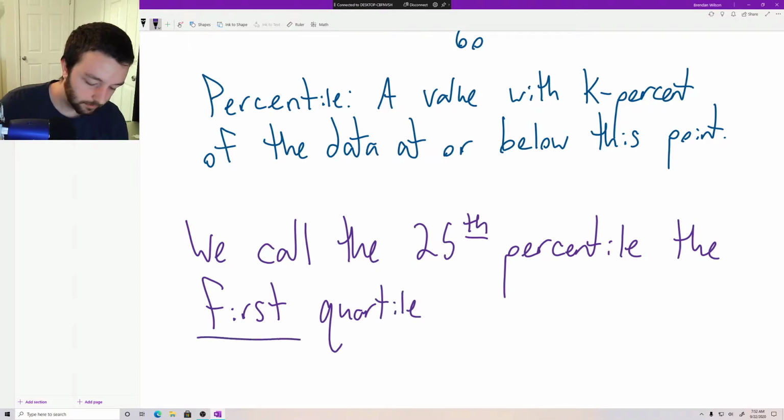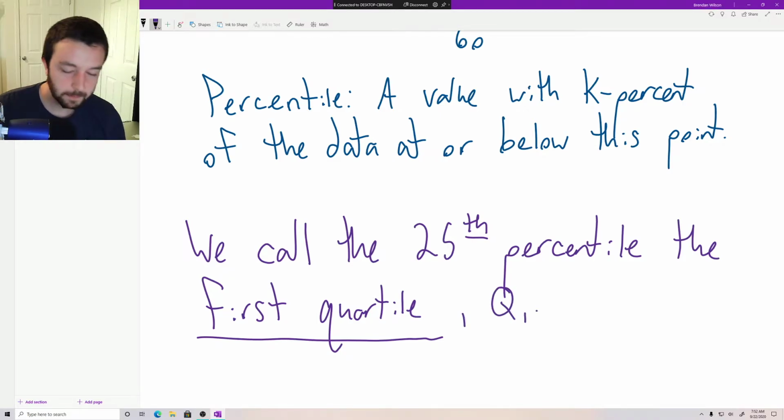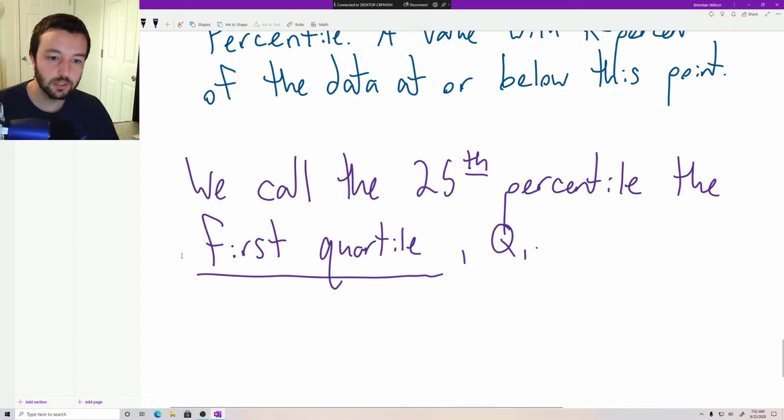Okay. Which we abbreviate as Q1. So it's like we're dividing it into quarters, right? So we have the first one happens at the 25th percentile, the first quarter. So the first quartile tells you, okay, 25% of the data is at or below this point.